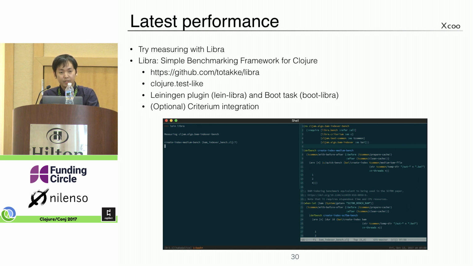After preparing benchmark code in the bench directory, you just input the command line Libra, so it's very easy. I think continuous benchmarking is so important to avoid performance degradation in the project, as performance is a critical issue.